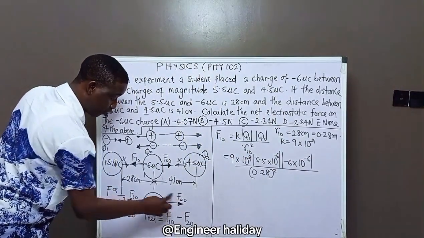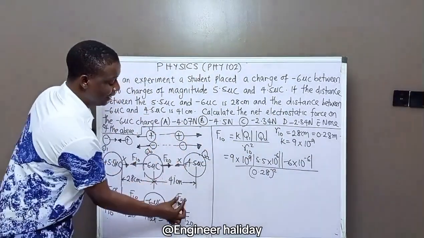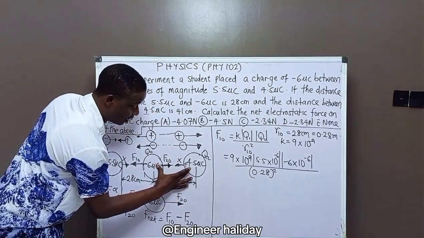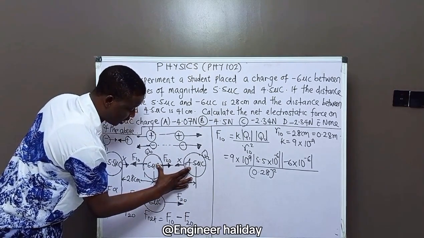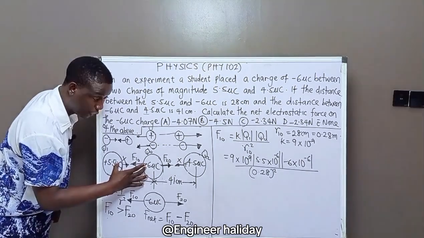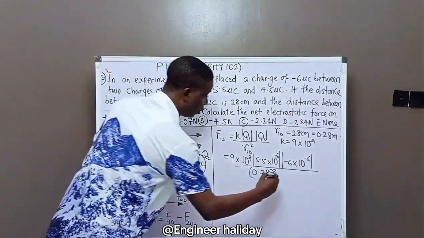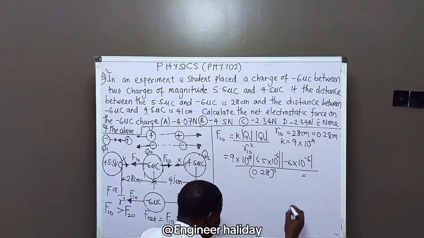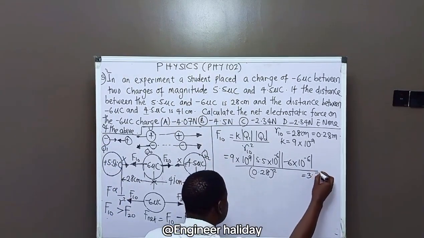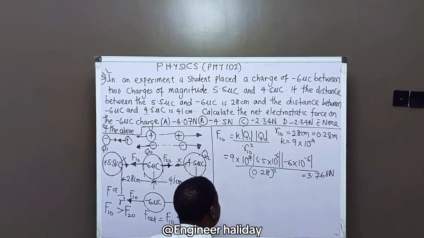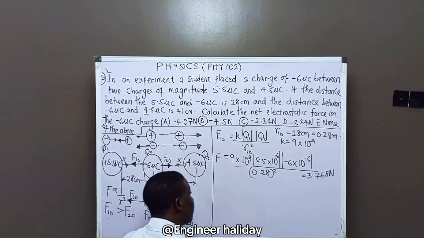Anything you are going to get for F20 and F10, you must ensure you are calculating their magnitude, between charge Q2 and Q0, and between charge Q1 and Q0. So that's why I take absolute. And if you press your calculator very well, you are going to have 3.768 Newton. Leave that one first.